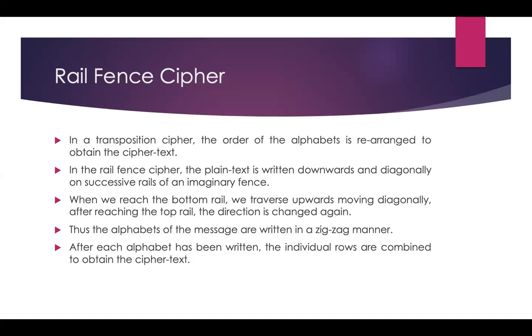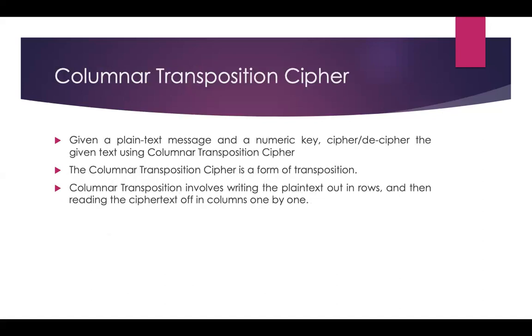In this way, we can encrypt our given text and form the ciphertext using the rail fence cipher. Moving on, we'll see what the columnar transposition cipher is. Again it is a form of transposition cipher.